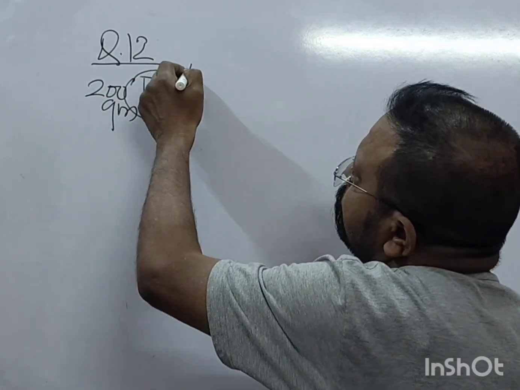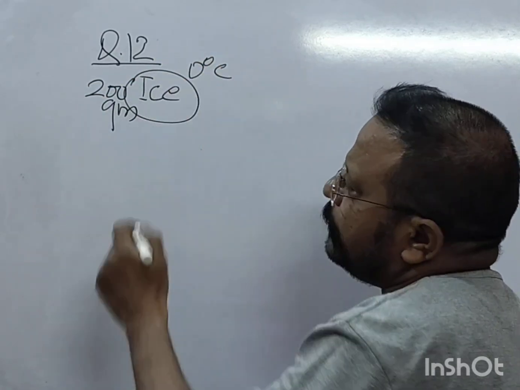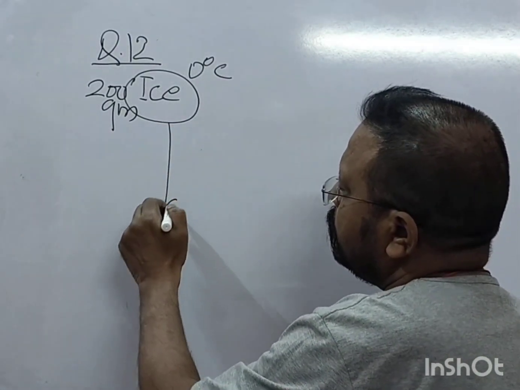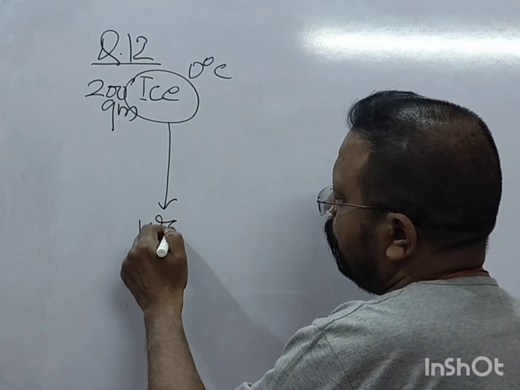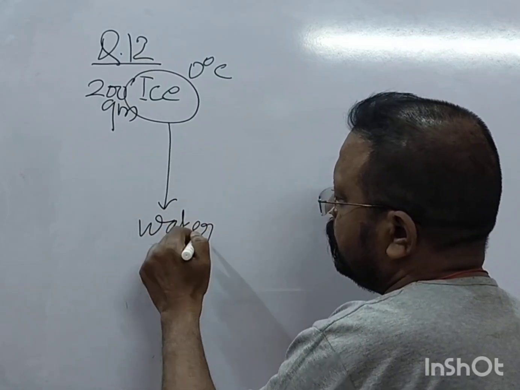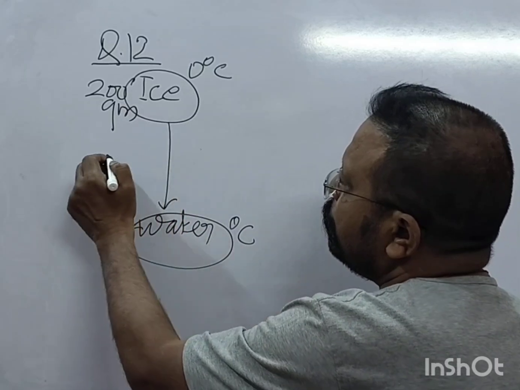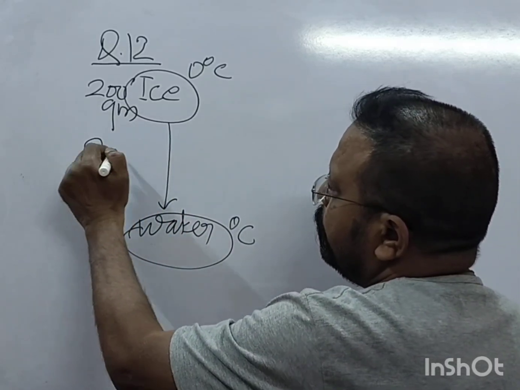At a temperature of 0 degrees Celsius. Convert into water at 0 degrees Celsius. So Q will be mL, in 1 minute.